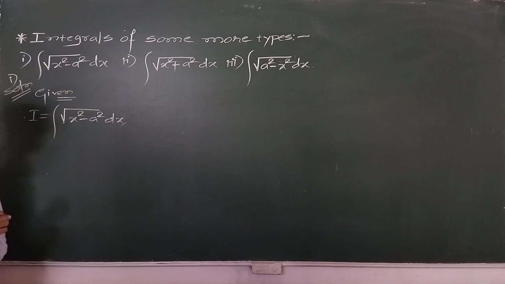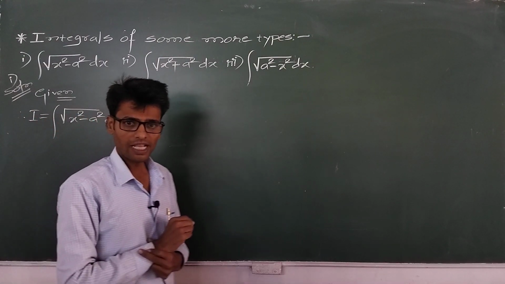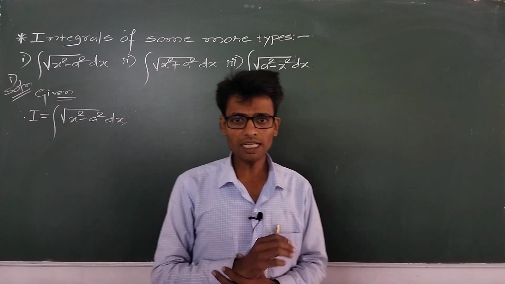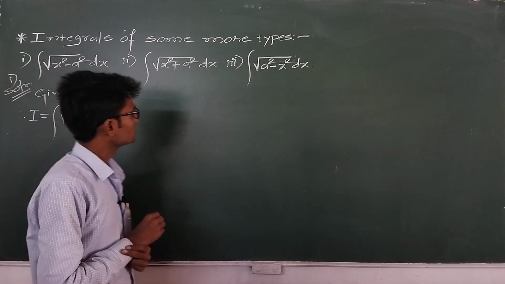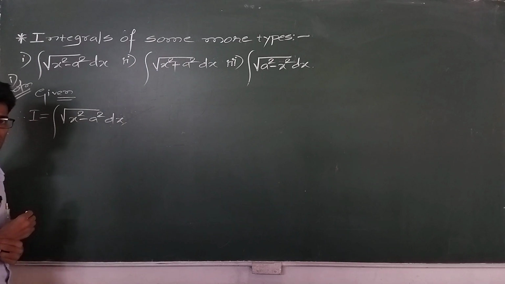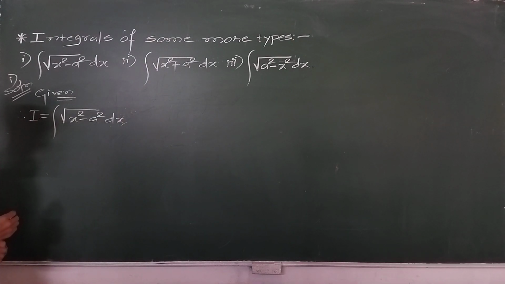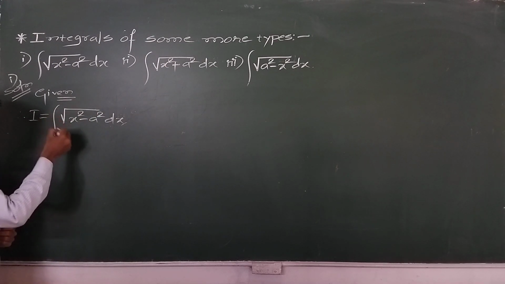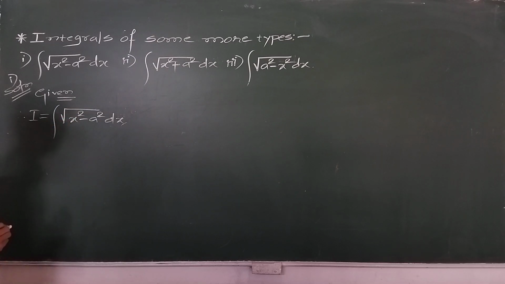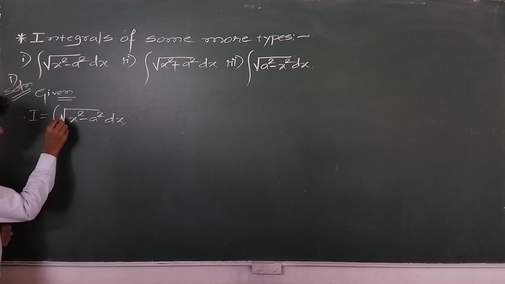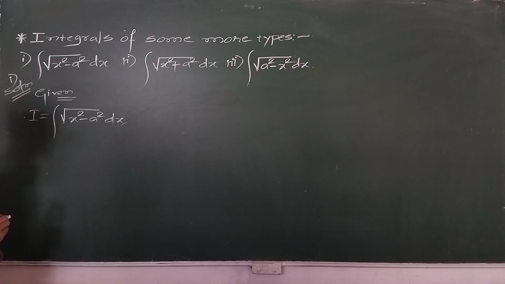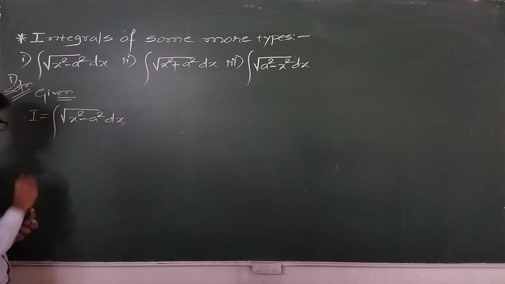These are special type of standard integrals, and we solve these by using the integration by parts method, integration by parts formula. In this given indefinite integral, we have only square root of x square minus a square, so only one term is there.